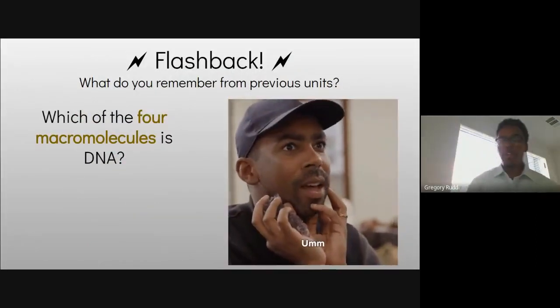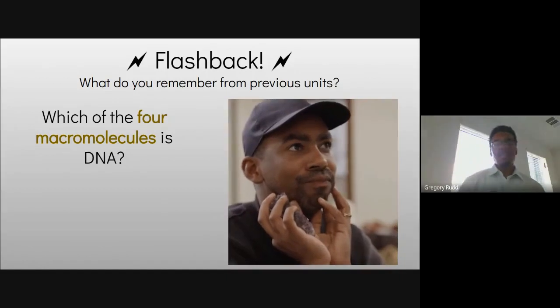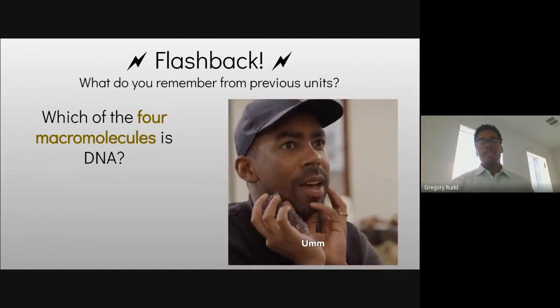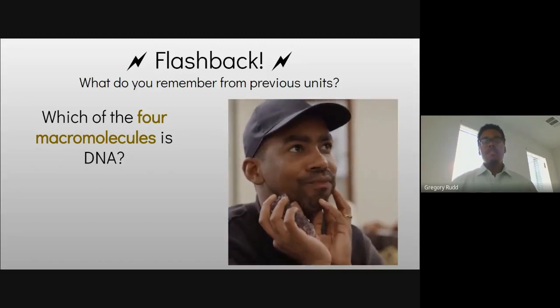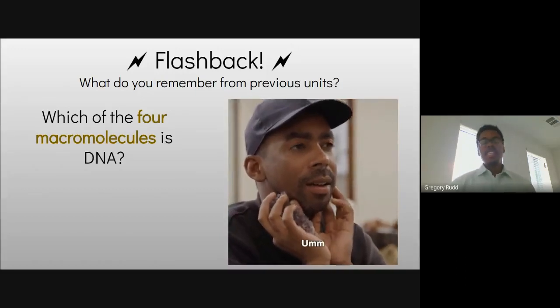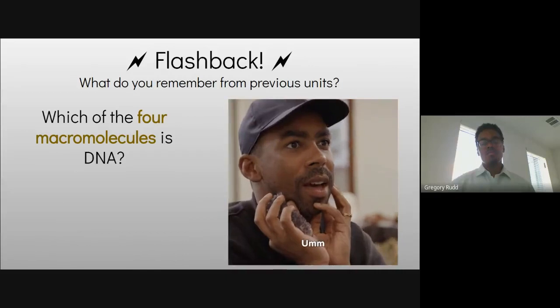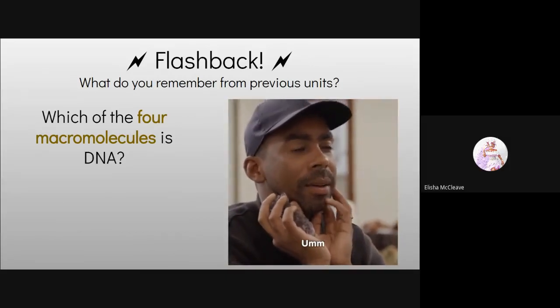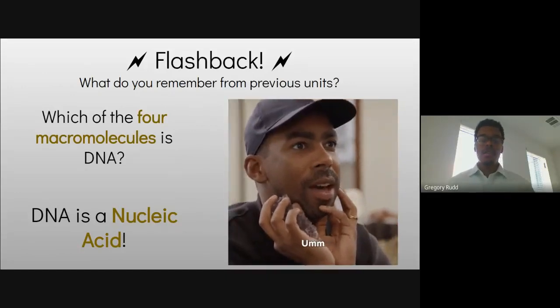There's a third reason as well that we'll see in a couple of slides, but really quickly, as a flashback, what do you remember from previous units? Which of the 4 macromolecules is DNA? Nucleic acid. Excellent. DNA is a nucleic acid.